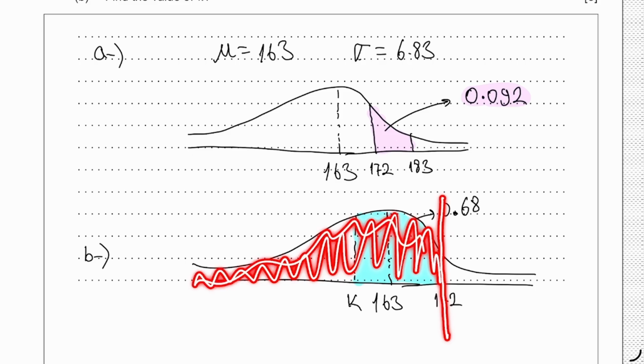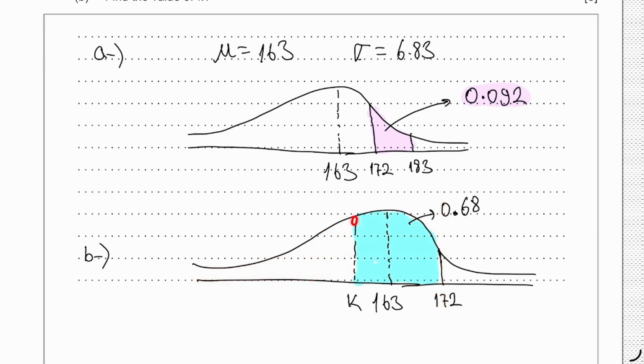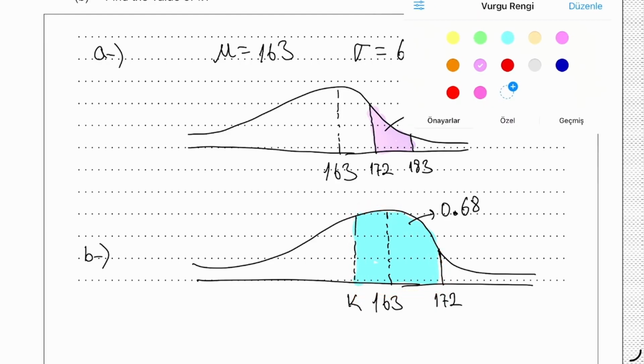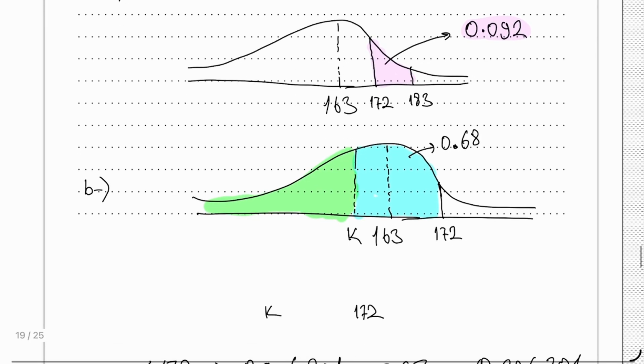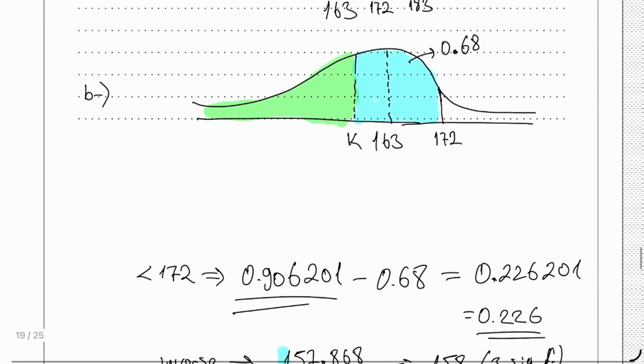We need to take the total area and subtract 68% to find this, let's say, green area. Then we can do inverse normal. To find K, we need to do inverse normal. So let's find the area first. Okay, let me clean my other stuff.